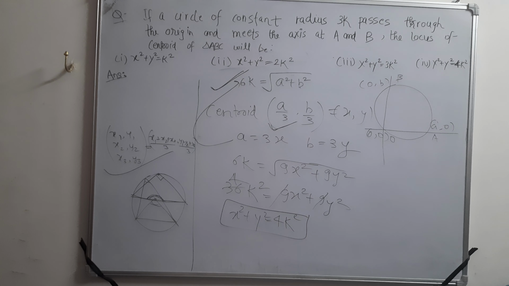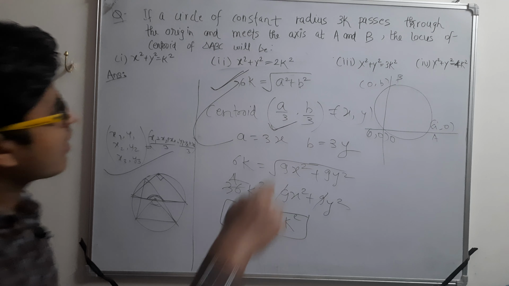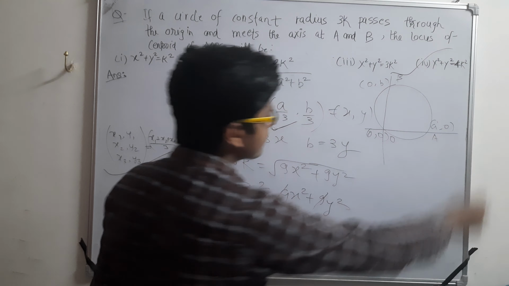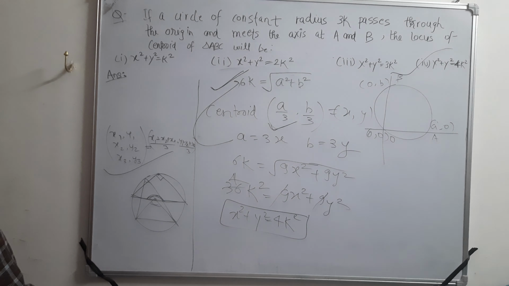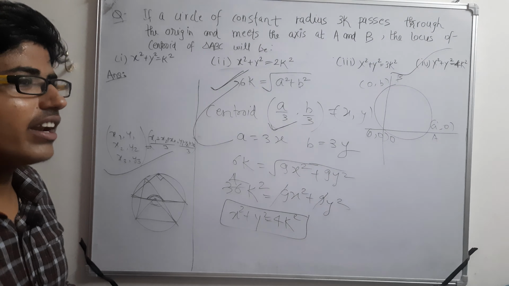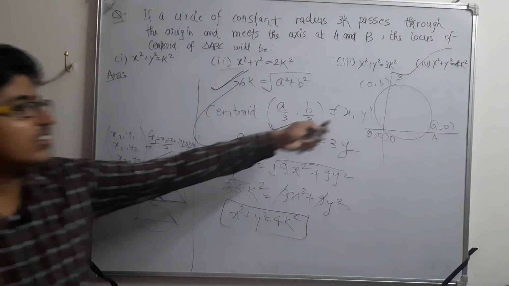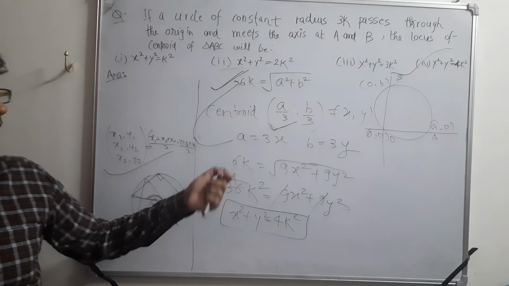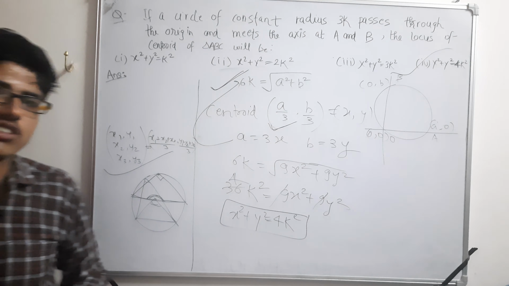So what is the answer? Definitely this one. So you got the point of what I was trying to say: we have to relate the centroid and the angle in a semicircle. If we combine them, you will definitely get this question.